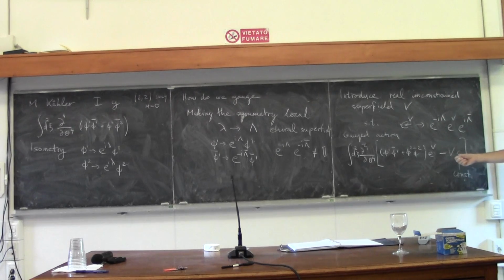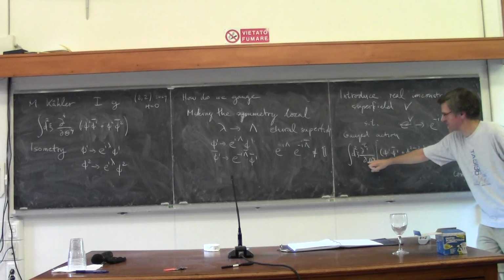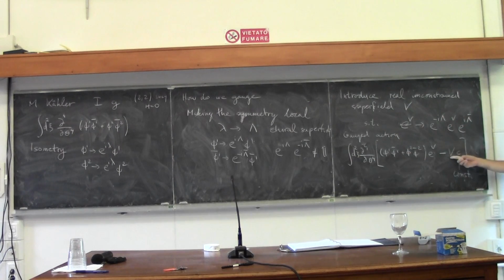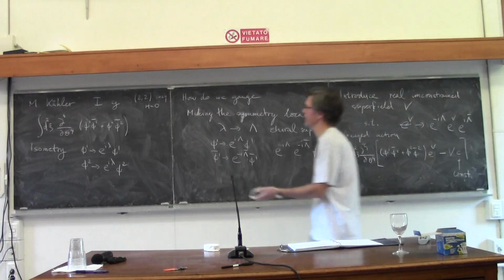If you look at the gauge transformation properties of such a term, you will get a term which contains only chiral fields and a term which contains only anti-chiral fields, and those terms will be killed by the measure. So a term like this is also gauge invariant. So let's put this in.